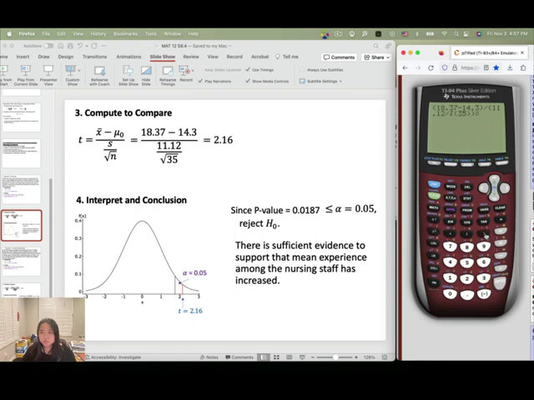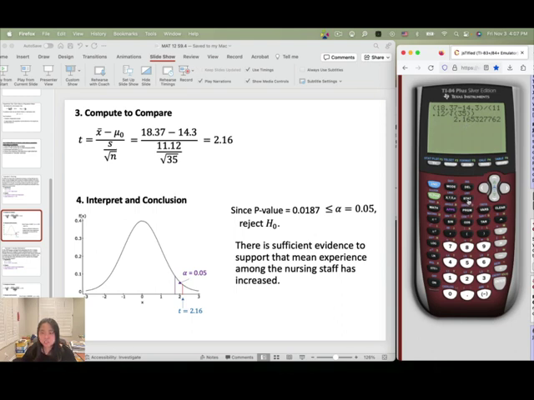And then we have a closing parenthesis here. Enter, and you're going to get 2.16. Here it may be 2.17 if we want 2 decimal places.